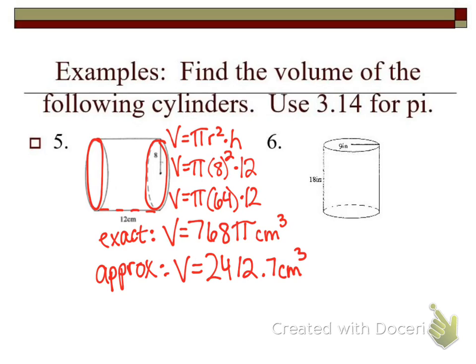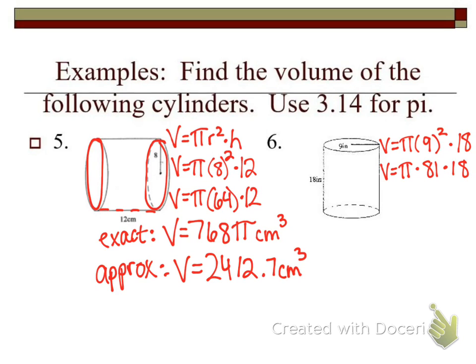All right, on number 6, again, a cylinder means that we are going to take pi times our radius squared times the height. What is our radius on number 6? 9. And our height is 18. So we have pi times, what's 9 squared? 81 times 18.